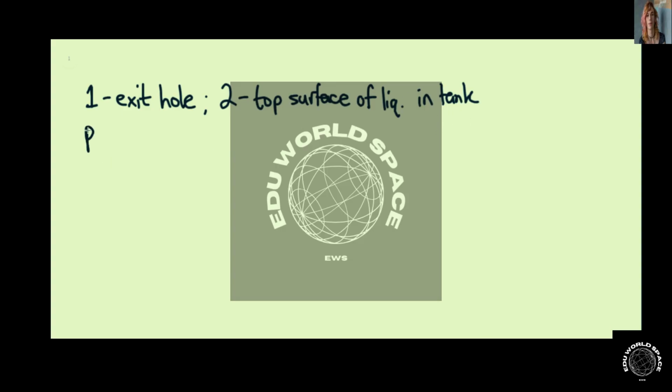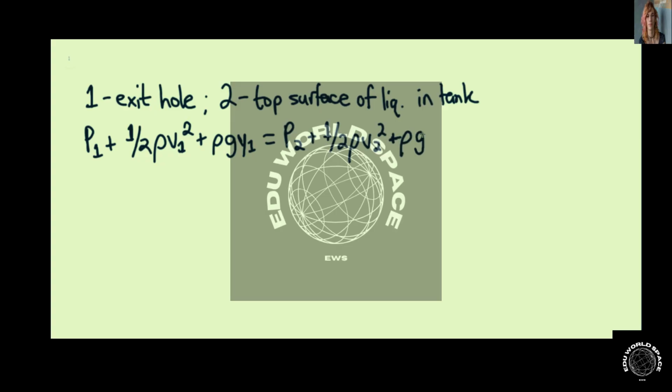So we can say P sub 1 plus 1/2 rho V sub 1 squared plus rho G y sub 1 equals P sub 2 plus 1/2 rho V sub 2 squared plus rho G y sub 2.